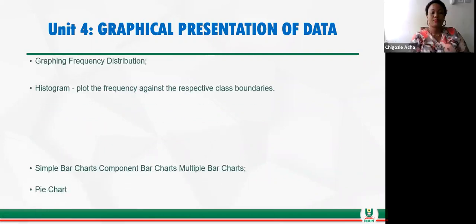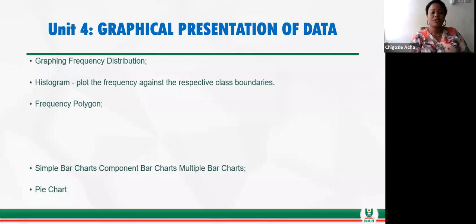With that, I would like us to look at Unit 4, the graphical presentation of data. Under Unit 4, we are expected to know how you can put in graphical form the frequency distribution, how you can plot the histogram.